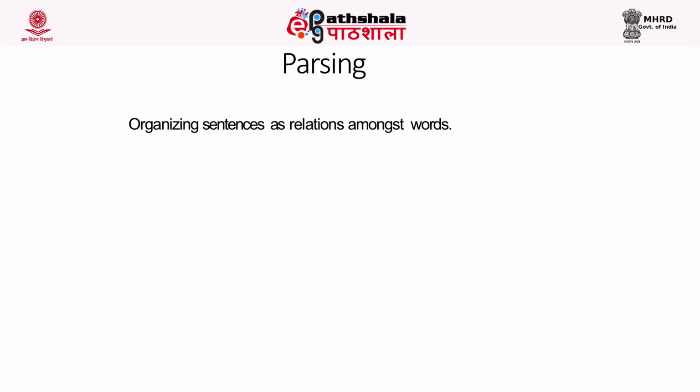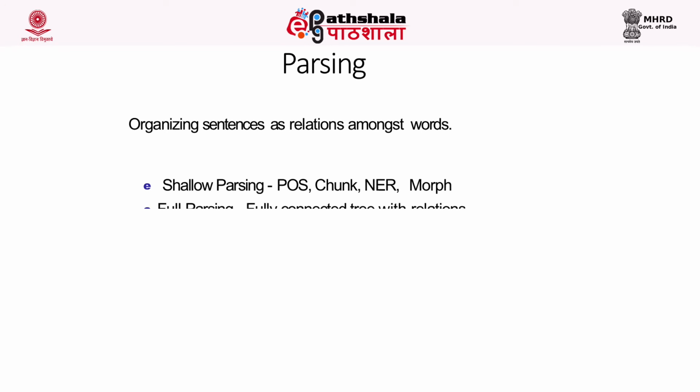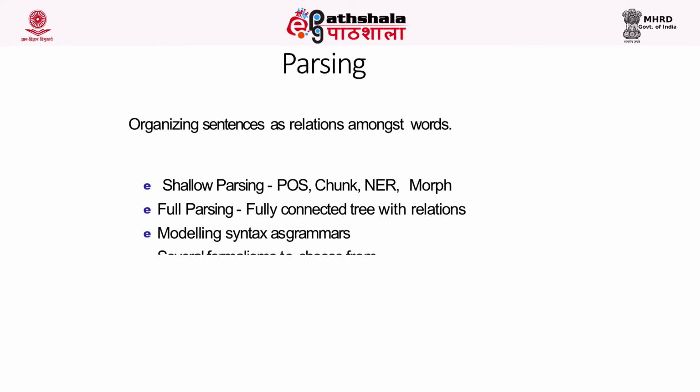So in the same example, plays becomes the root node because it's a verb, and it has two children, Mohan and ball, which are the dependents of plays. Ball has two dependents, with and the. So in a dependency tree, the lexical items form the nodes in the tree.